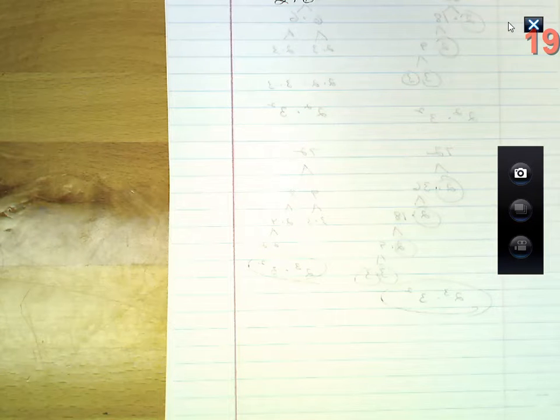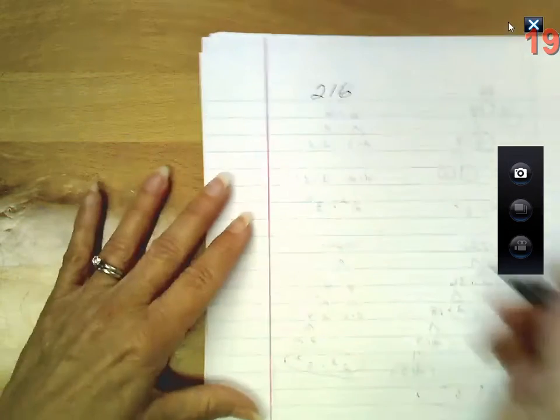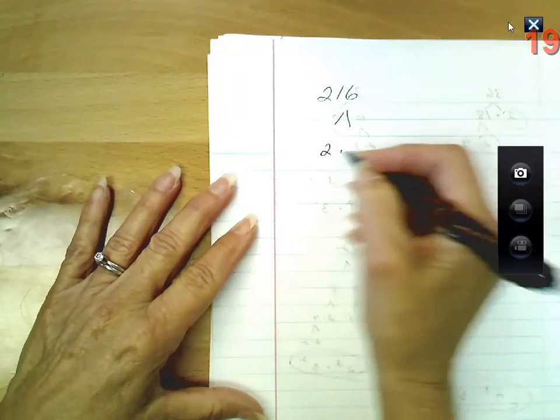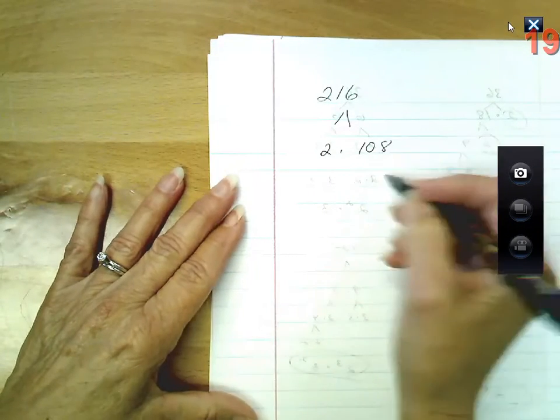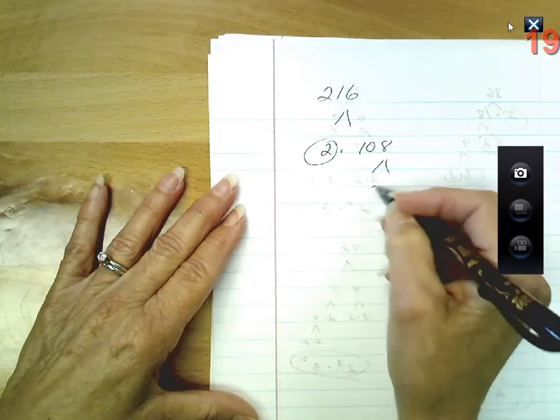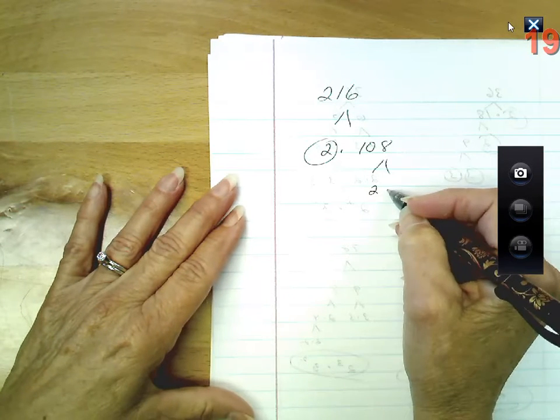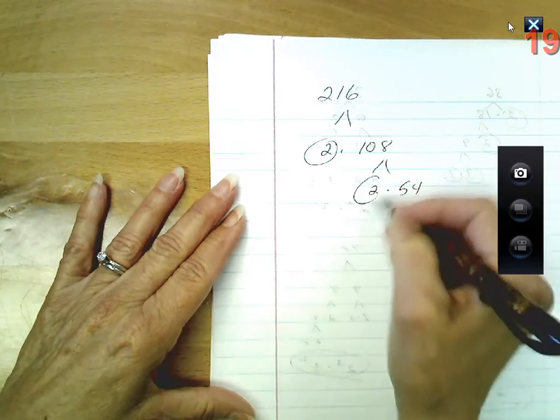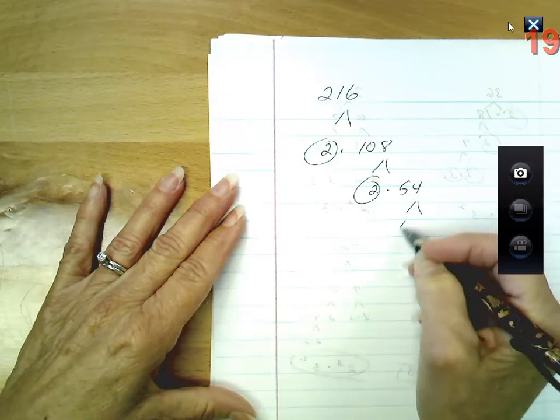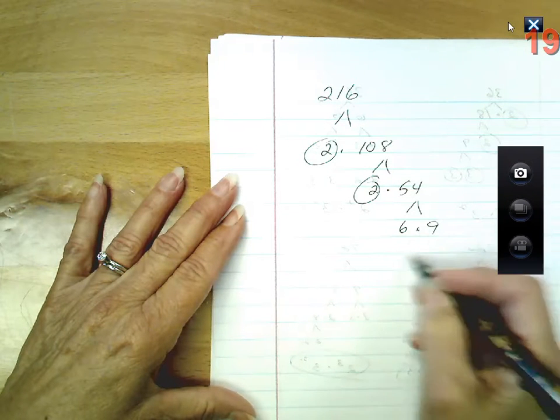Okay, 2 times 108. 108, 2 times what, 54? 6 times 9, I just saw it that way.